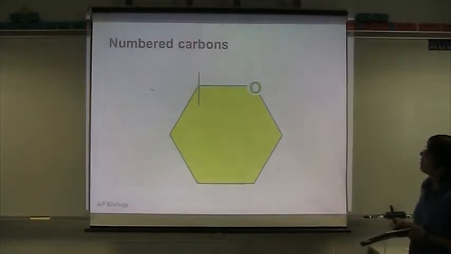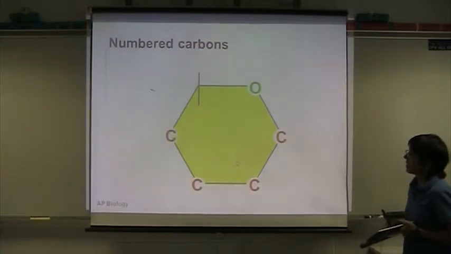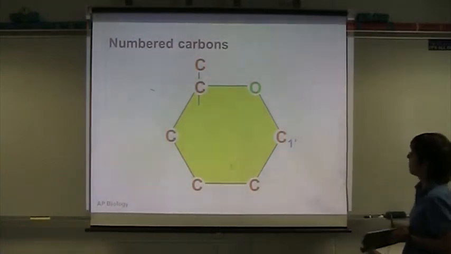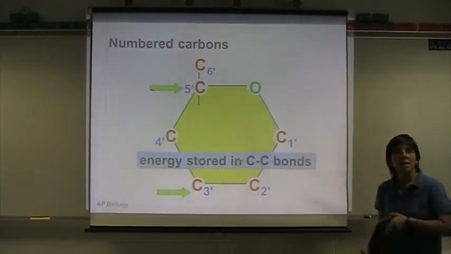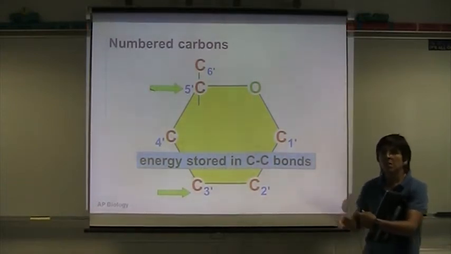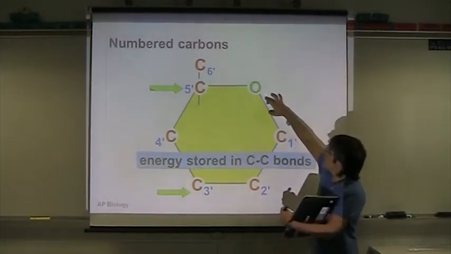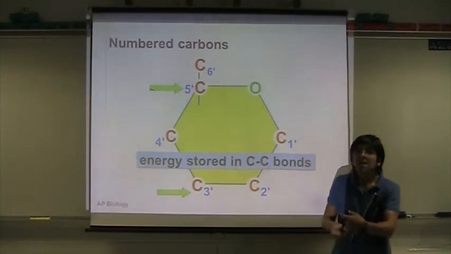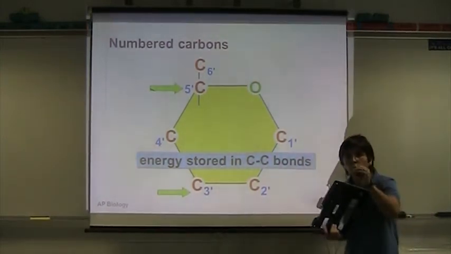So here is our glucose. Notice that was an oxygen. So carbon 1, 2, 3, 4, 5, and our 6th carbon is up there. And here is again the critical concept. This molecule is so energetically rich because the bonds between the carbons, those are covalent bonds, that's where energy is stored. Remember my pencil? Bonds store energy.